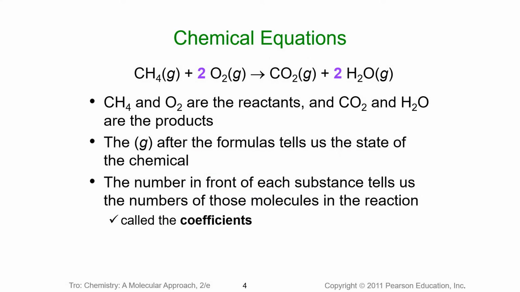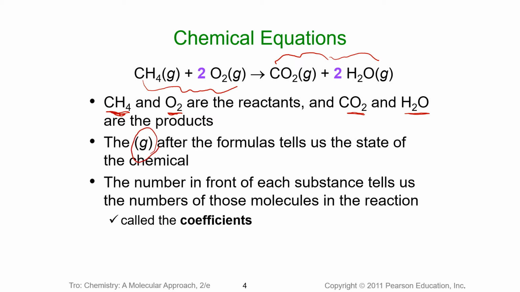So we gain a lot of information by looking at these chemical equations. It tells us what the reactants are. If it's on the left side, it's a reactant. If it's on the right side, it's a product. We also get information about the types of molecules that are undergoing our chemical reaction and the products that are produced.